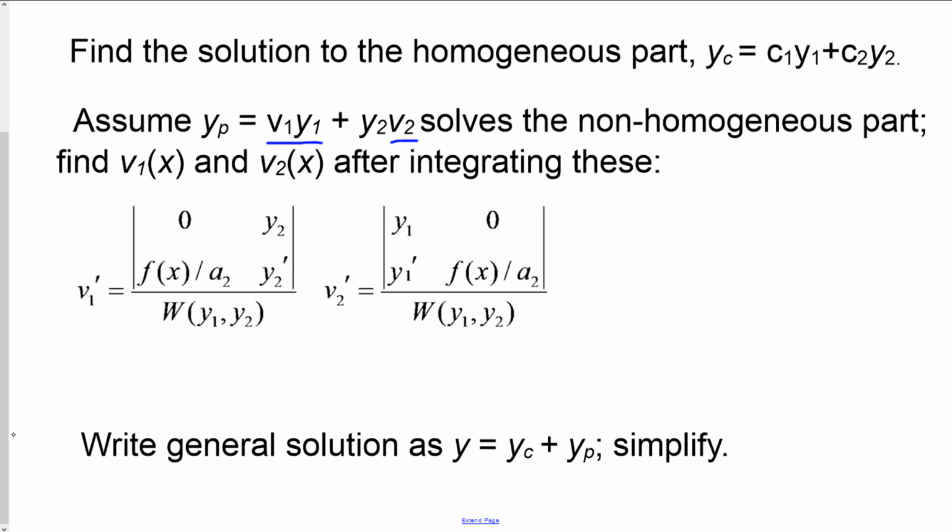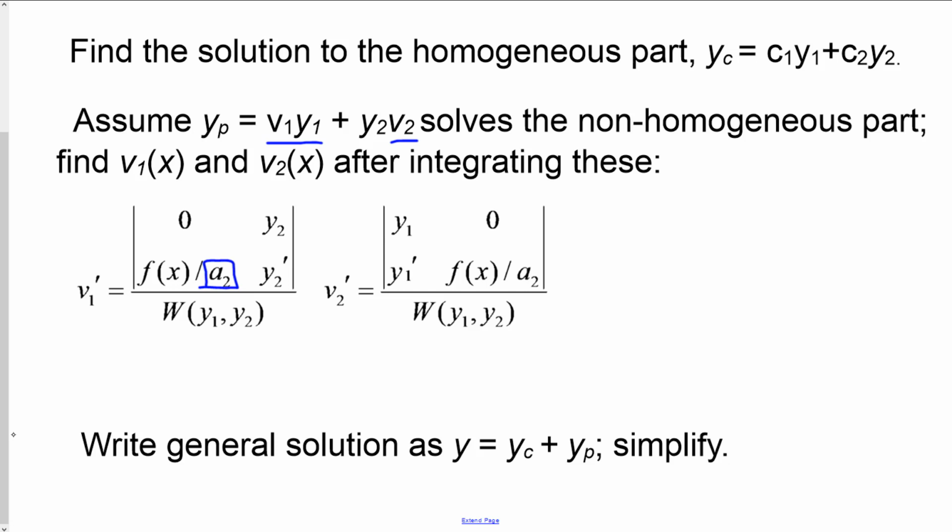All right, and then using Cramer's rule on the system of equations that we would get from substituting y sub p and its derivatives back in, we know that the first function, v sub 1 prime, is going to be found by replacing column 1 of the Wronskian with 0 on top in row 1, and then f of x divided by a sub 2 of x in row 2. Very important to remember the divided by a sub 2 part.